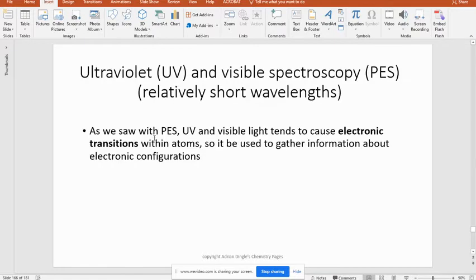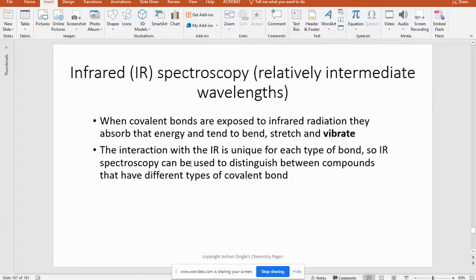Back with our PES, photoelectron spectroscopy, UV and visible light tend to cause electronic transitions, and we're able to gather information about electron configurations from that. When covalent bonds are exposed to infrared radiation, that's going to cause them to vibrate. So infrared, vibrate.